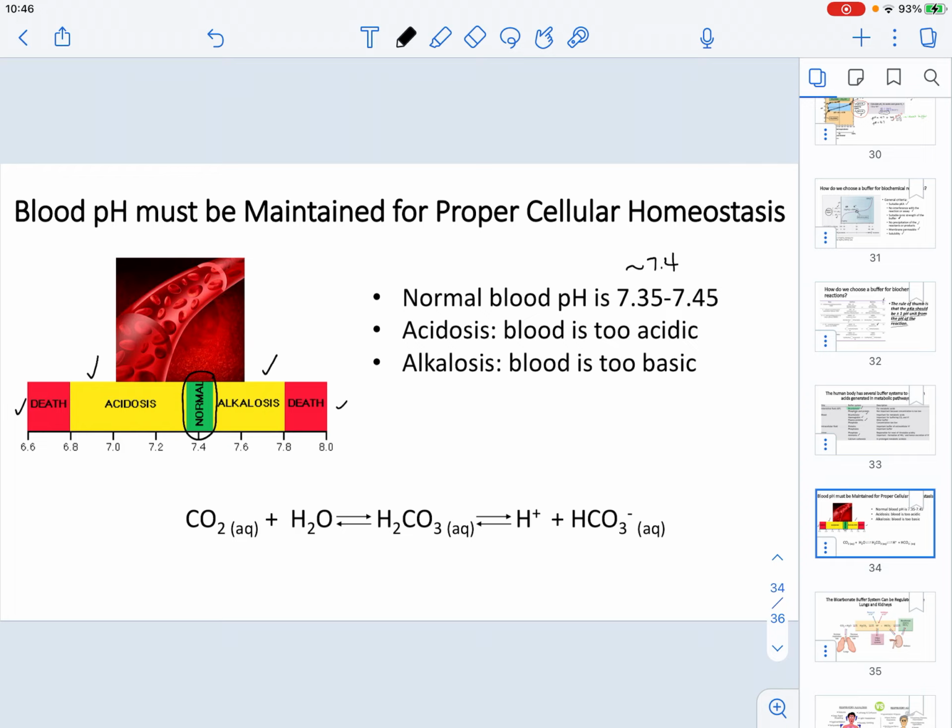To give you the overall view, here in the body we have enzymes, so if we have CO2 in the presence of water, it is going to make carbonic acid. That carbonic acid in turn can dissociate, producing protons and hydrogen carbonate.